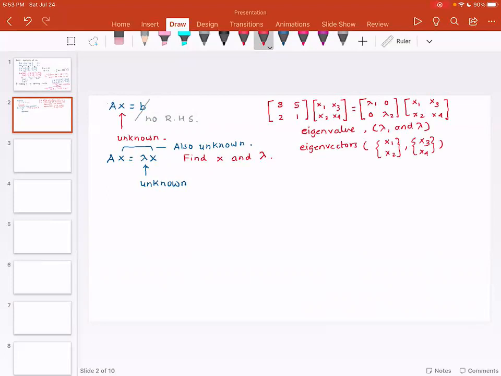Now this is the eigenvalue and eigenvector problem, and let's try to give some geometric interpretation to this complete problem. So let's look at this matrix A.